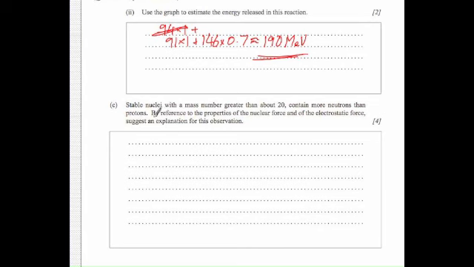Now, it tells us that stable nuclei with larger mass numbers have more neutrons than protons, and why is this? Referring to the properties of the nuclear force and the electrostatic force. Well, what can we say about the nuclear force? The nuclear force firstly keeps the nucleus together because it's attractive.